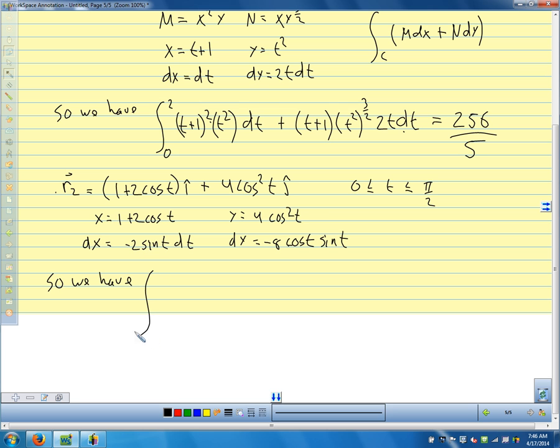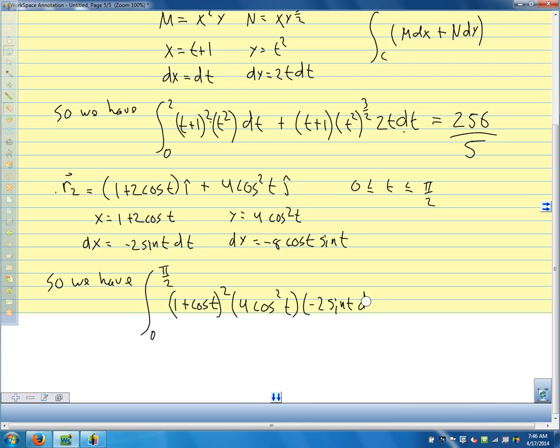So we have the integral from 0 to pi over 2 of (1 plus 2 cosine t) squared times 4 cosine squared t times minus 2 sine t dt. So I'm just substituting for x and for y and for dx.